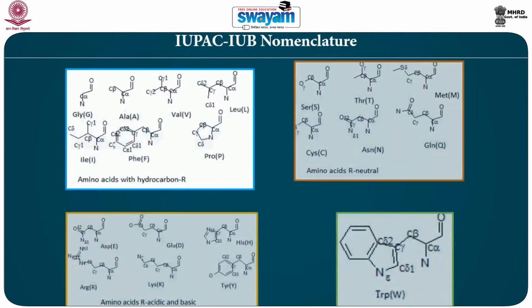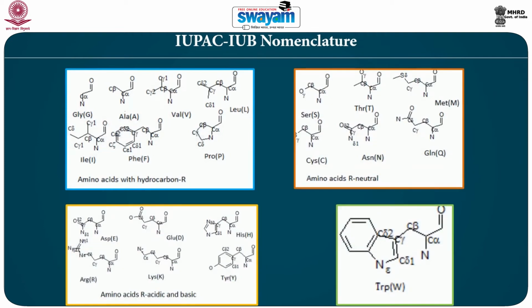We show IUPAC nomenclature for all 20 amino acids. Selenocysteine is not shown here, and you can see the difference. For example, in serine, it is C alpha, C beta, and S gamma.